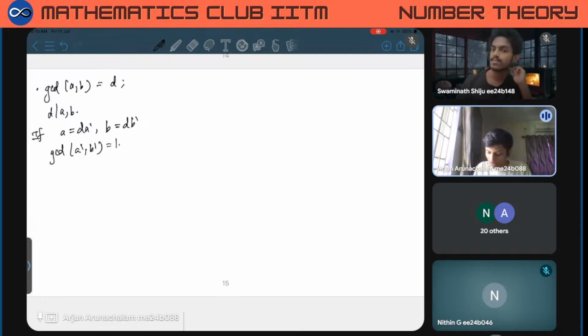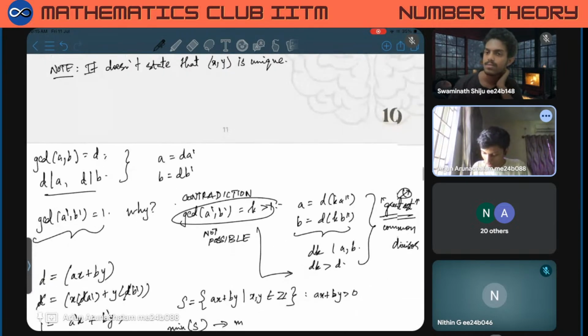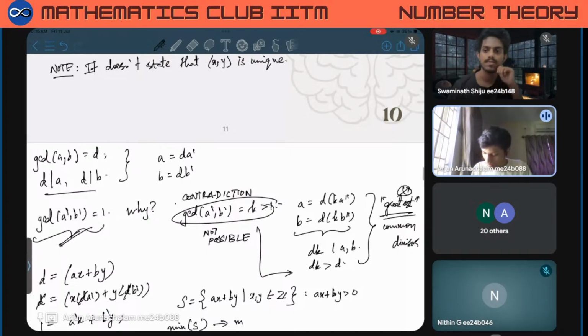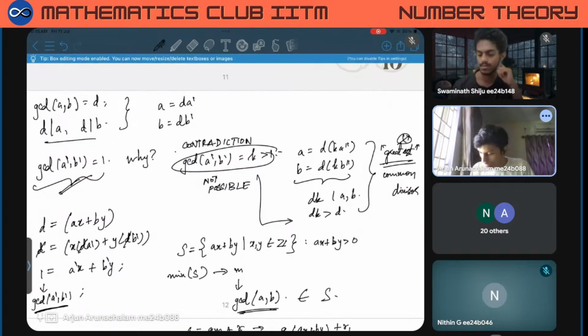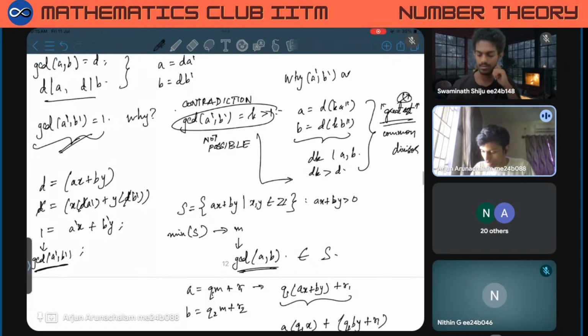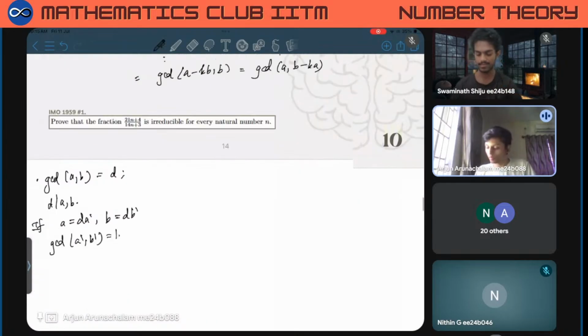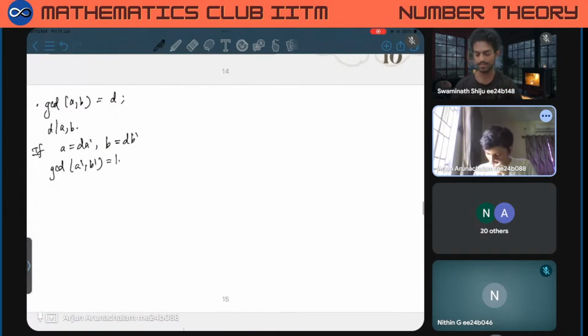So we have proved this, or rather just stated this in the previous proof. Here we proved why a dash and b dash are co-prime. Co-prime is just a word for the GCD being 1. So 7 and 9 are co-prime. Yeah, let's carry on.